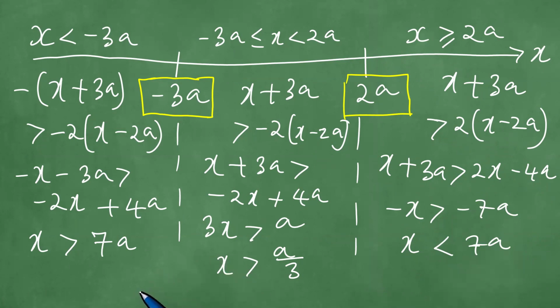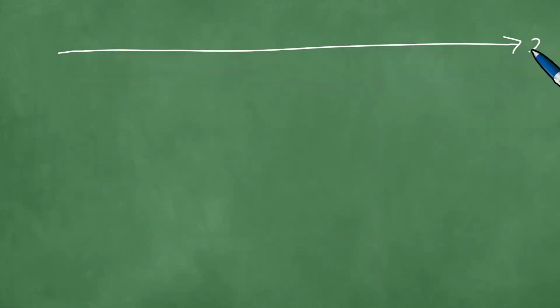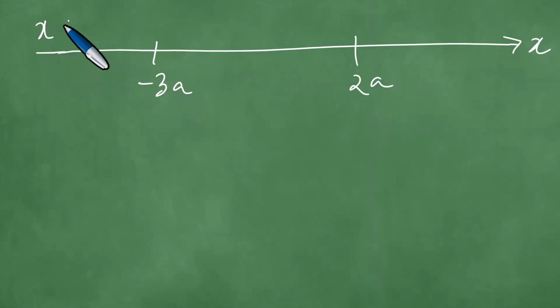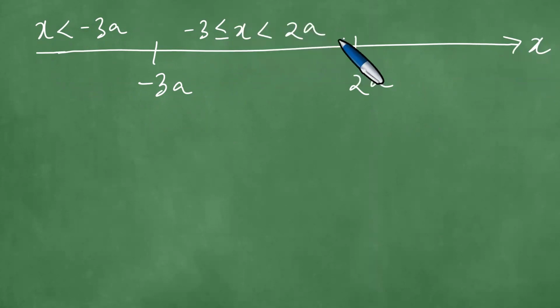Now, with this mentioned, we proceed with our analysis. We draw our real line again. Here we have minus 3a, 2a. x is less than minus 3a, minus 3a is less or equal to x less than 2a, x is bigger or equal to 2a.